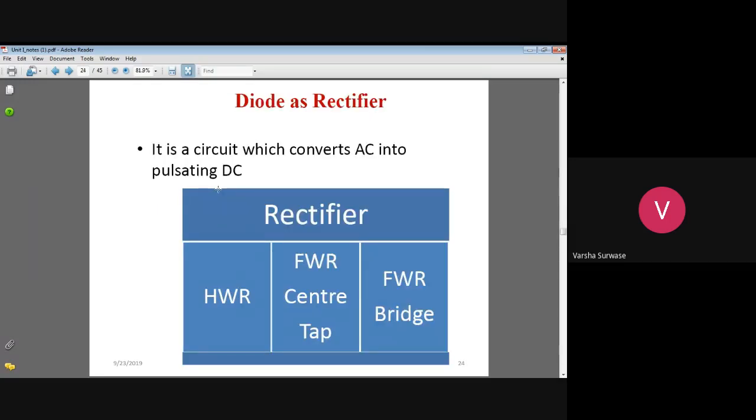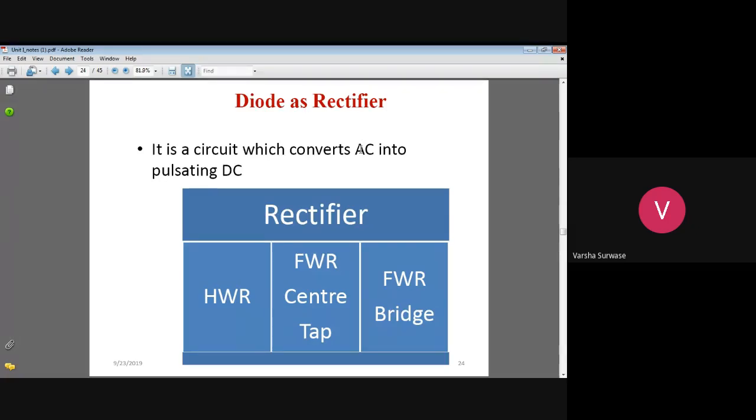Now we will see the applications of the diode as a rectifier. In the last lecture I explained the different blocks required for designing a power supply, in which the first block is the transformer and the second block is the rectifier. So today we will see how we can use the diode as a rectifier.